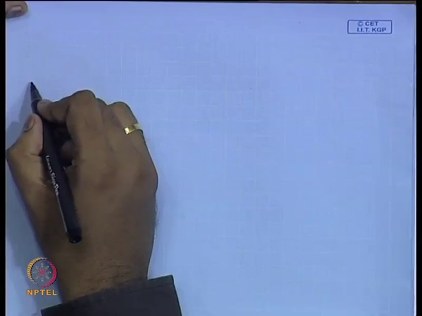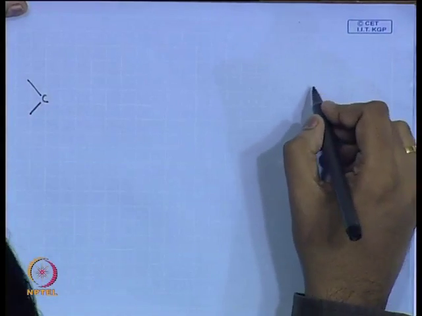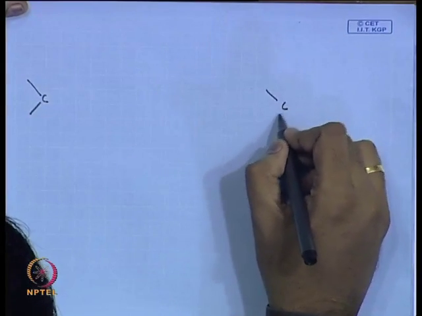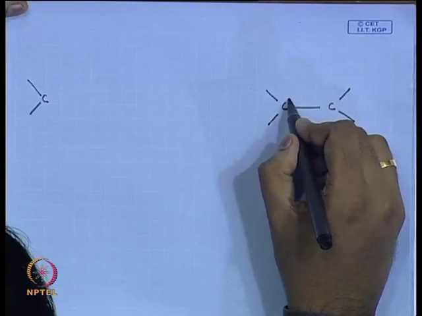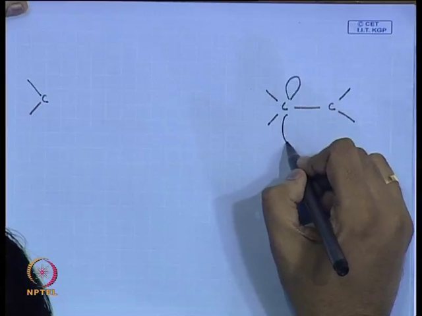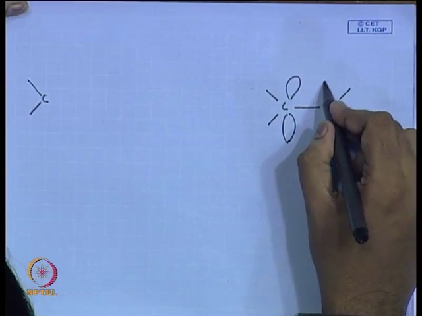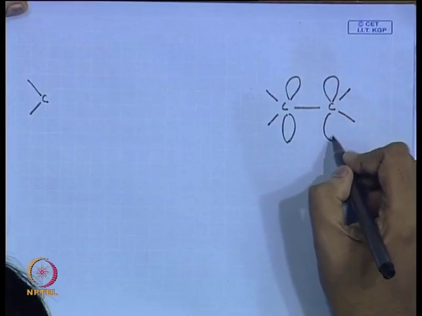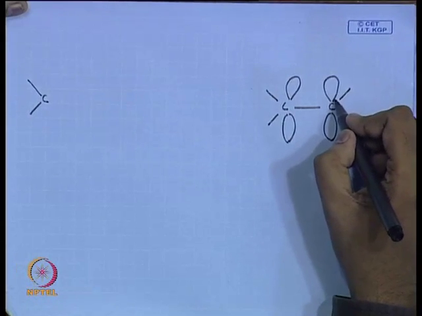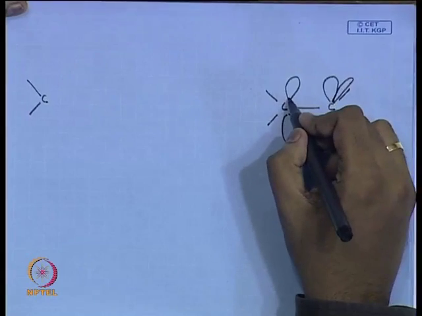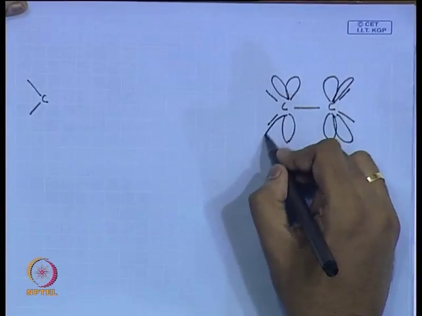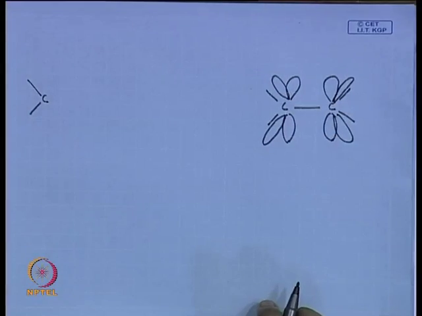See, I will write for the first case. I am trying to draw the triplet of pi pi star.